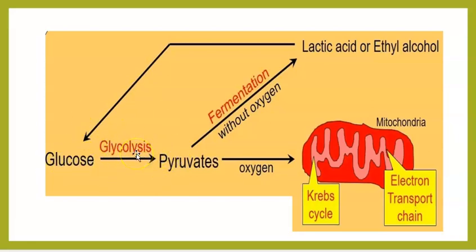This is a common process for both aerobic and anaerobic respiration, because if oxygen is available, pyruvate will go to the mitochondria and go through the Krebs cycle and electron transport chain. This is part of aerobic respiration. But if oxygen is not available in the cell, then it will go for fermentation, which gives lactic acid or ethyl alcohol.